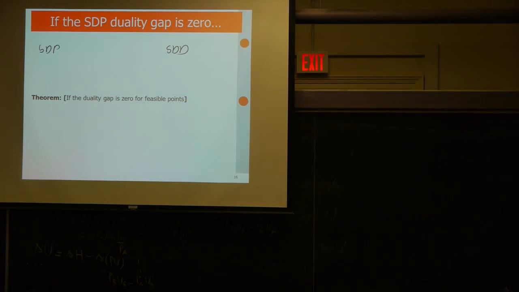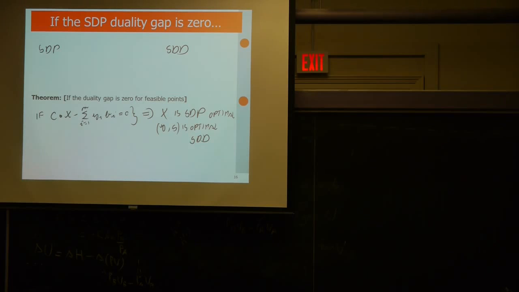And the theorem is that if the duality gap is 0, then you can prove that X is optimal in the SDP and Y, S is optimal in the dual SDP.